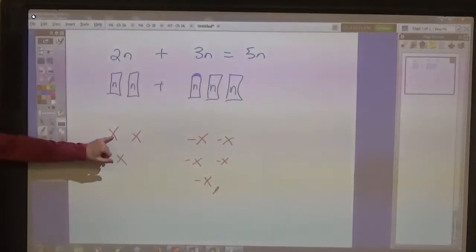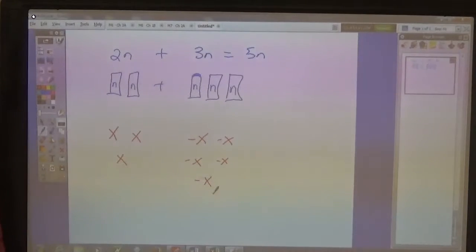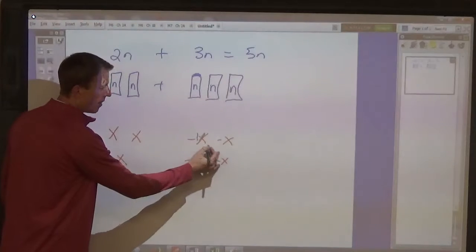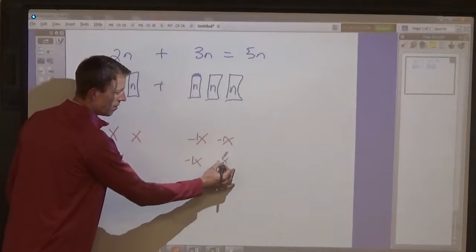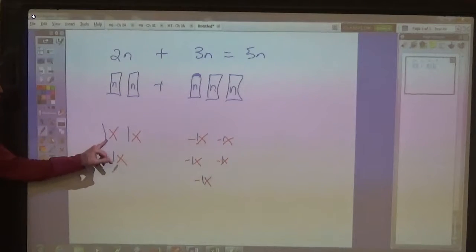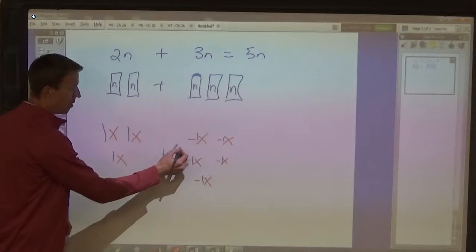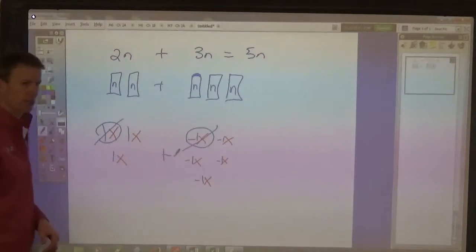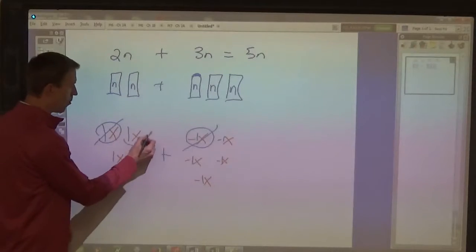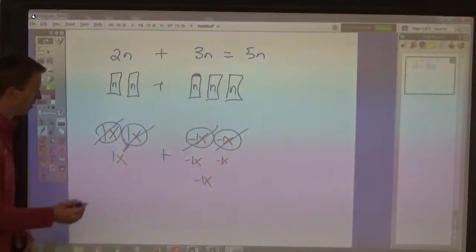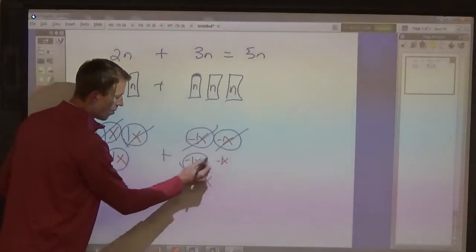Now, positives and negatives cancel each other out, right? Remember when we talked about this? This is like a negative 1, and this could be a positive 1. This is positive 1x plus negative 1x. So those cancel each other out. Another positive 1x cancels out another negative 1x. Another one cancels another one out.